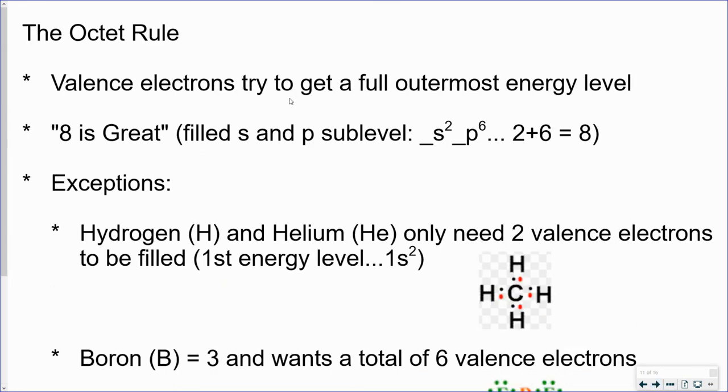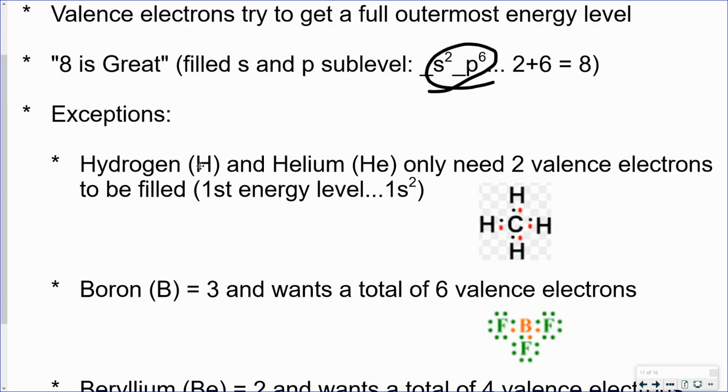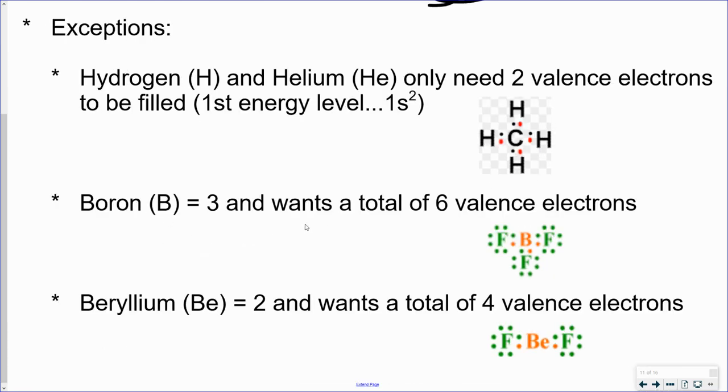Okay, our octet rule. The octet rule comes from the main group elements, so that is the S and the P group. And with those, you only have 8 electrons. The exceptions to those would be hydrogen and helium, which only want 2. Boron only wants 6.